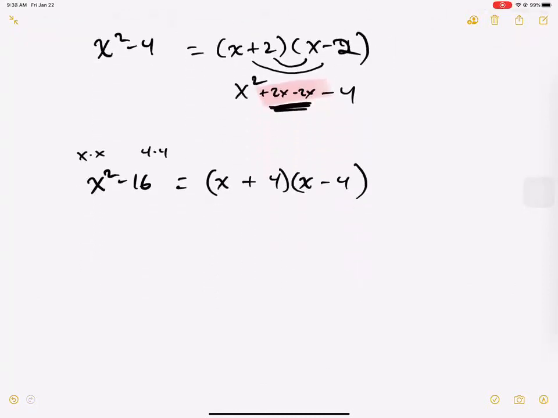Even a different model. 9x squared minus 25. Does this fit our model? 9 and 25, are these both squares? They are. Squares of what? And plus and minus.